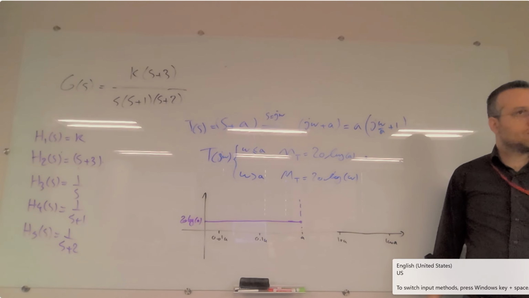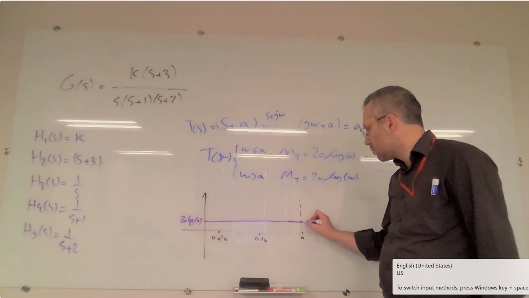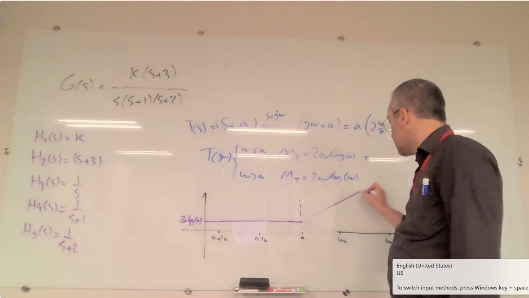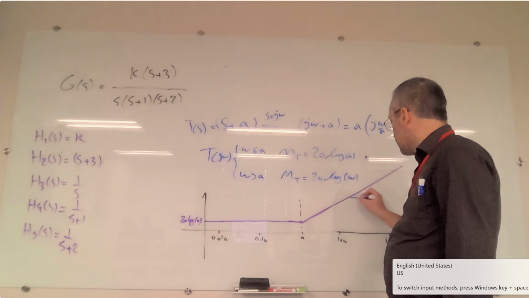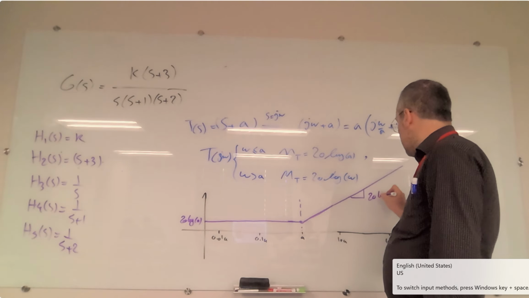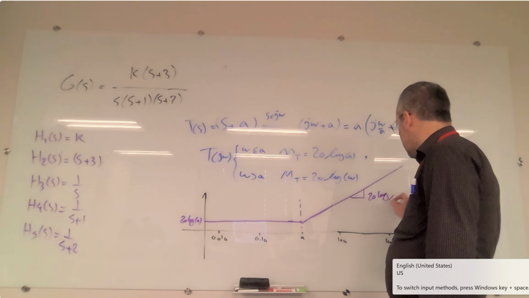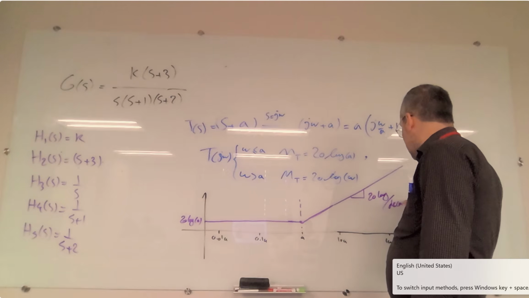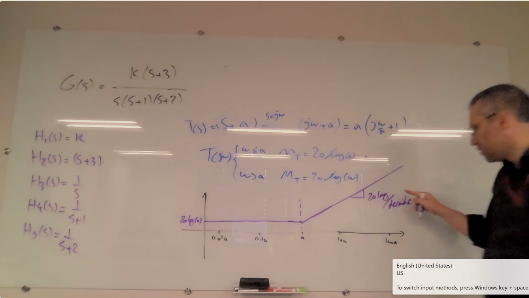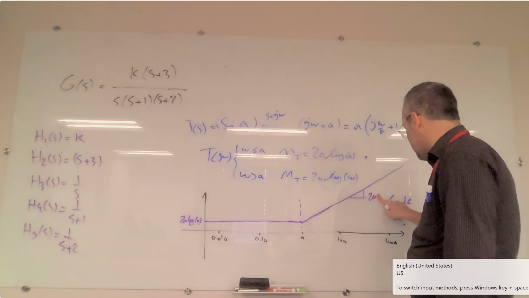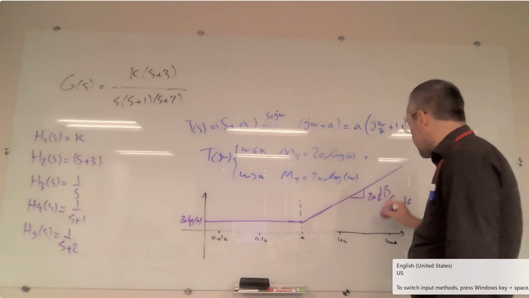Make sense? So after here, we have an increasing line where the slope is 20 dB per decade. 20 dB actually, log is basically, to be precise.